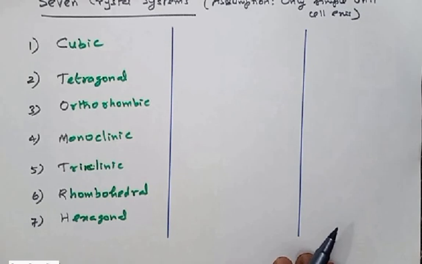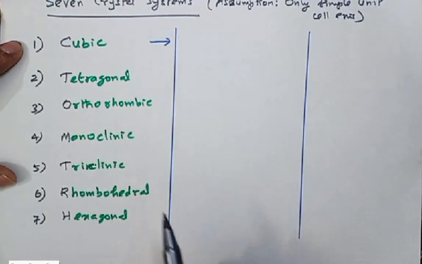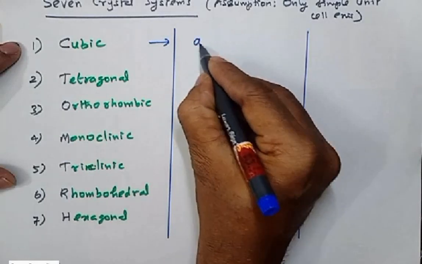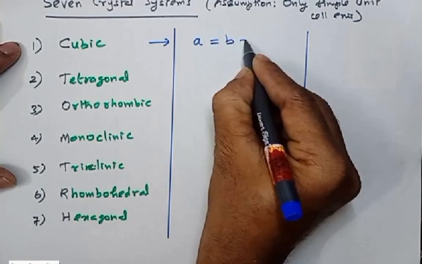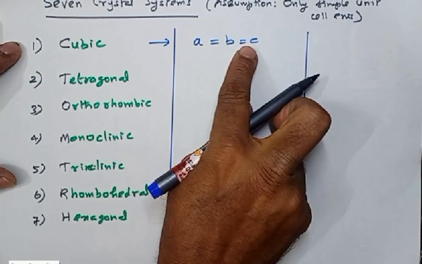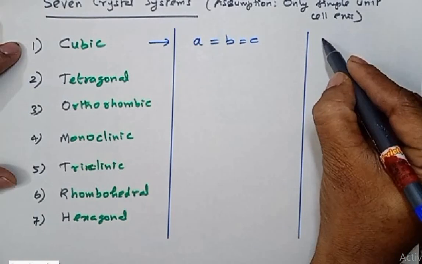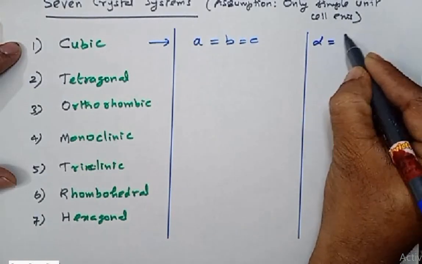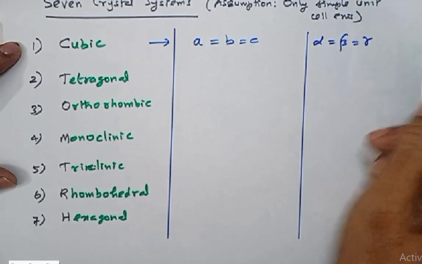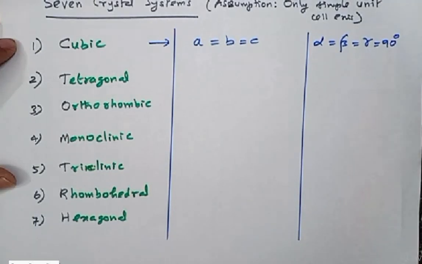For cubic, the length parameters are such that A, B, C, the X intercept, Y intercept, and Z intercept, all are equal. Then the angles alpha equal to beta equal to gamma, all the angles are equal, and it is exactly 90 degrees.